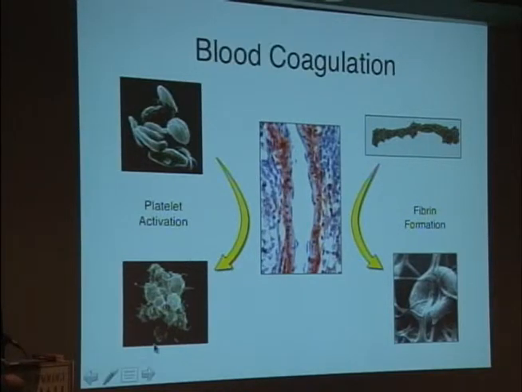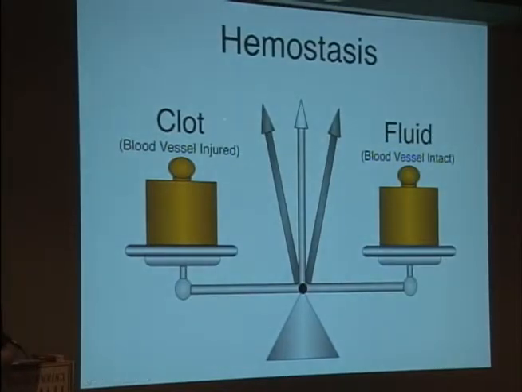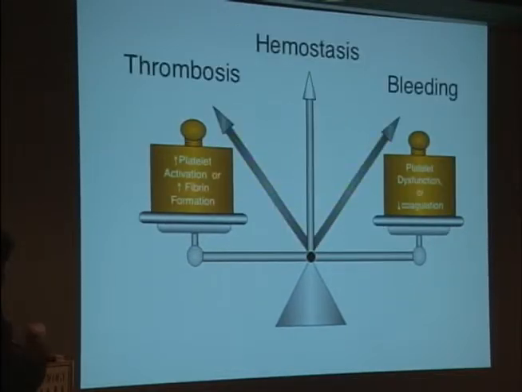To a hematologist, the concept of hemostasis implies clot formation where a blood vessel is injured, but just as importantly, maintenance of blood in its fluid state where the blood vessel isn't injured. Given that definition, thrombosis and bleeding are often described as being on a continuum with hemostasis, with thrombosis essentially being hemostasis in the wrong place and bleeding being the lack of hemostasis where it's needed.